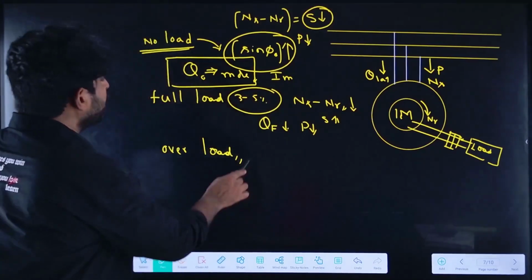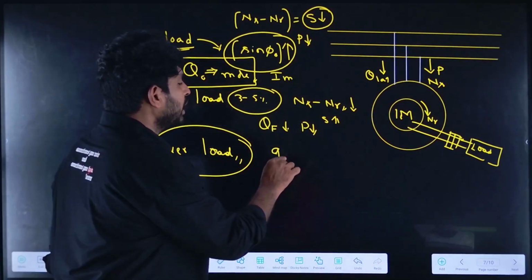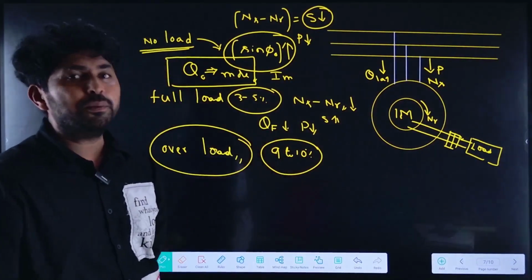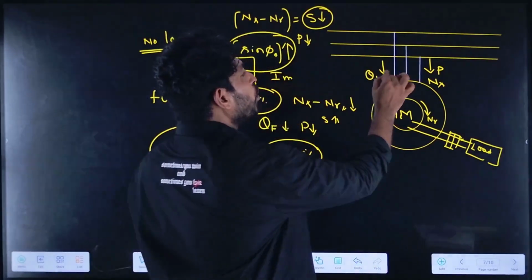So for example, if I overload this, let us assume the slip is 9 to 10%. What happens during this condition? If I overload the induction motor, it draws more current from the source.